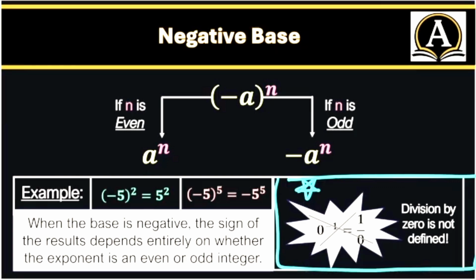Anytime you're talking about negative exponents, that means 1 divided by some number, then this number, the one in the denominator, cannot be a 0. Why? Because 1 over 0 is not defined. Any number divided by 0 is not defined.